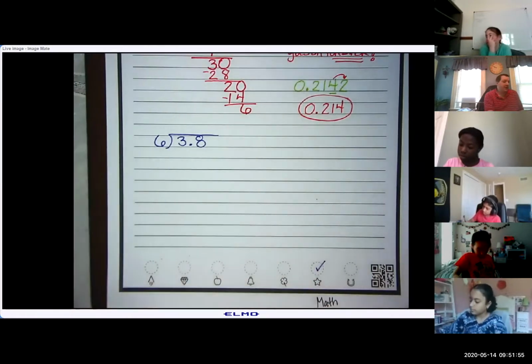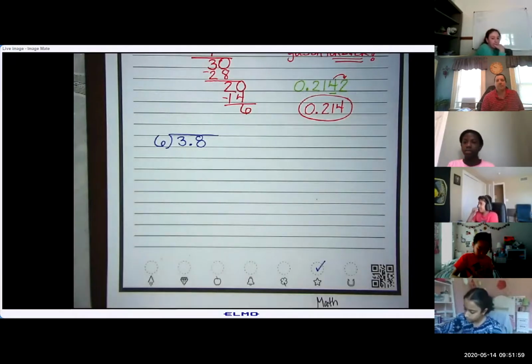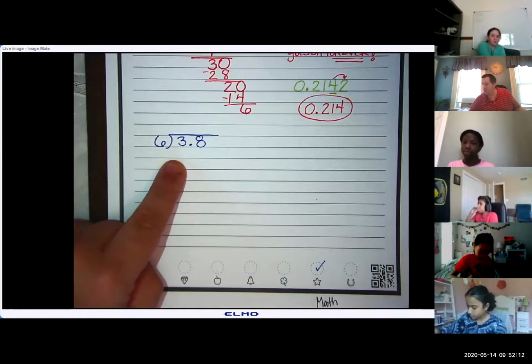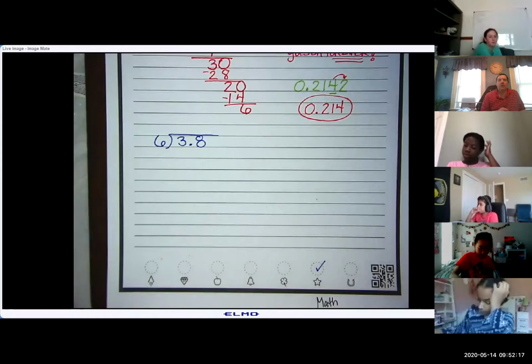What do you notice about this one when you solve it by yourself? What do you notice about this quotient? It's going to keep going. So my question to you is, is it a non-terminating decimal or is it a repeating decimal?